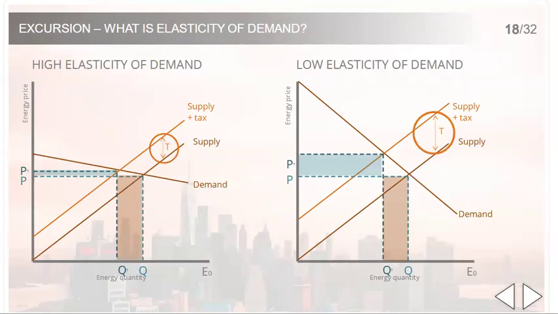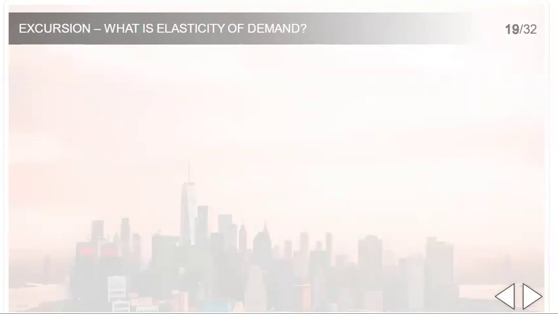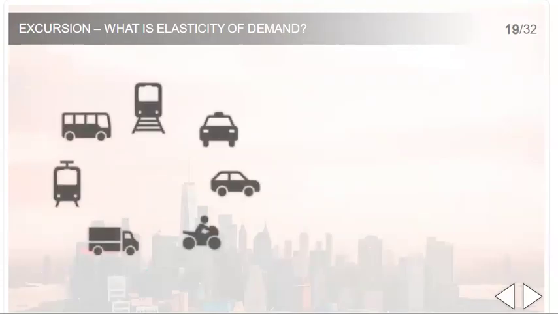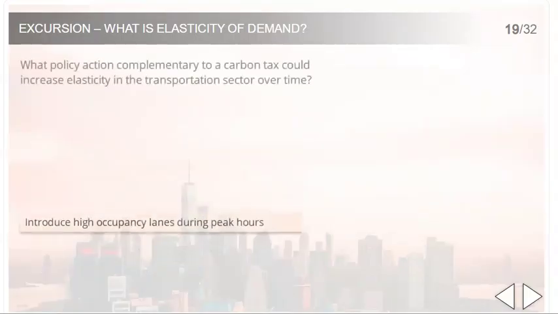If there are political obstacles to such a high tax, alternative mechanisms may be preferable. Demand elasticity in the transportation sector is considered to be relatively low, particularly in places with limited alternatives to individual motorised vehicles.